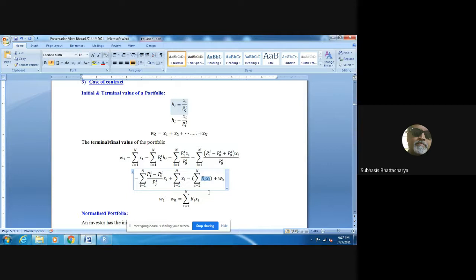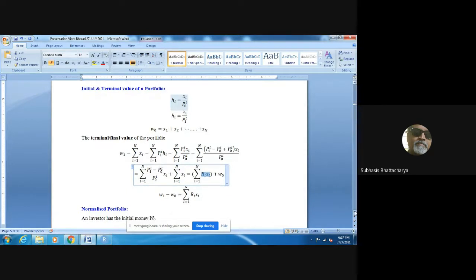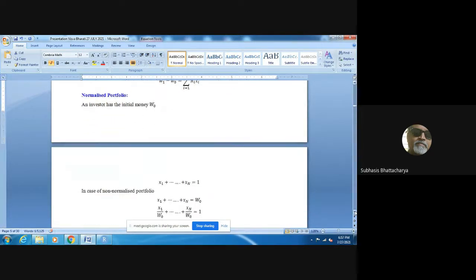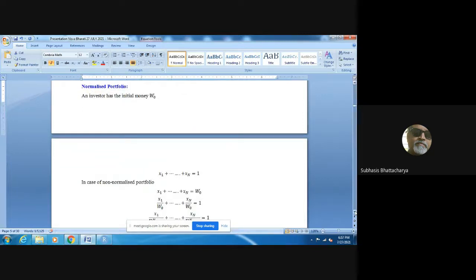Next important concept is the normalized portfolio. What is a normalized portfolio? It is one defined without considering HI. Suppose there are n assets and the investor has an initial amount of money W0. The basic question is what proportion of W0 should be distributed over the different n assets.